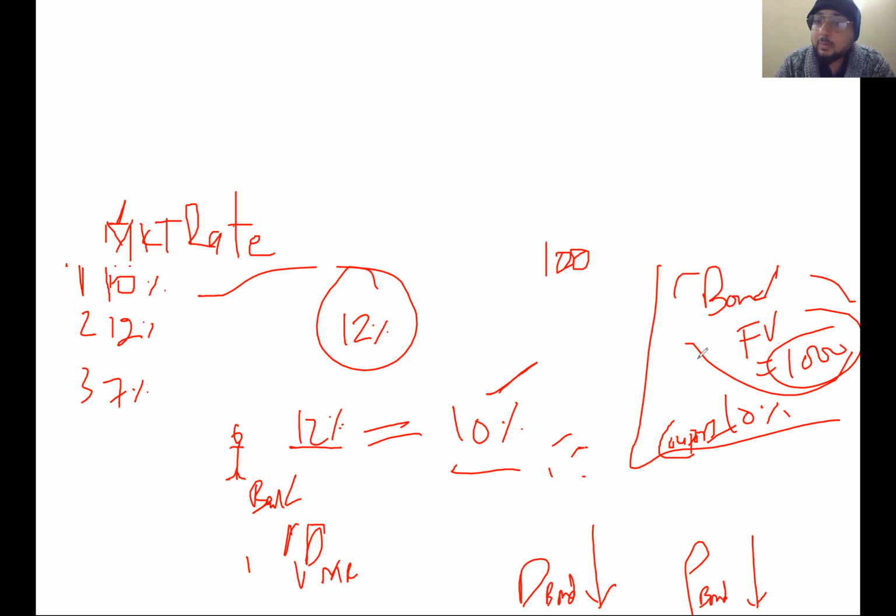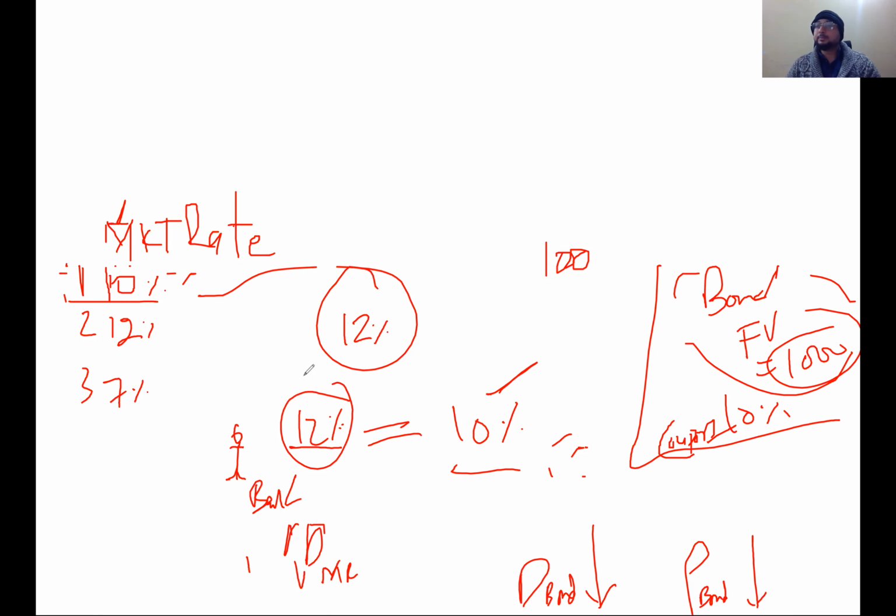It means if somebody wants to sell their bond, for example, I purchased the bond of the company when the interest rate was 10%, and after 1 year the market interest rate increases to 12% and I am getting 10%. I'm losing money. So I want to get rid of this bond and invest my money with the bank to earn 12%, right?